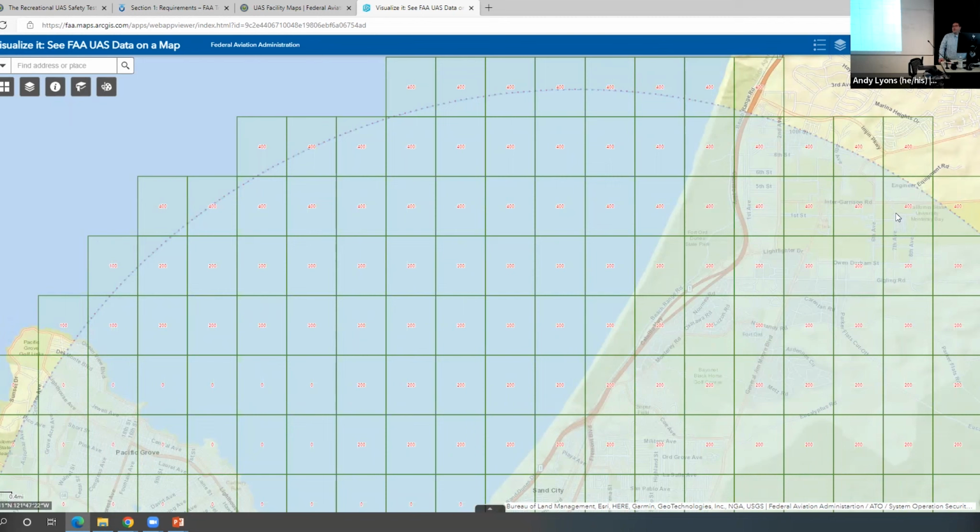That's about normal. Now, if you need to fly above that limit, say if you want to fly in any of those zero grids, you would need a Part 107 license. If you can handle flying only below these numbers, then you can tolerate having only the recreational certificate. But if you do need to fly above, you need to have your Part 107 license.